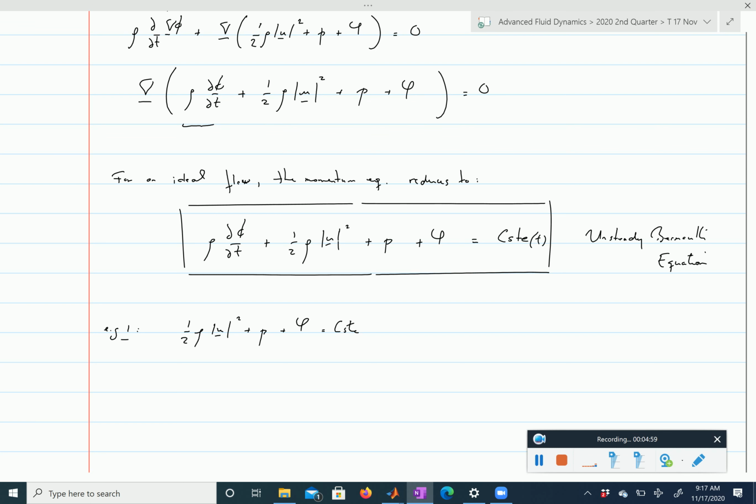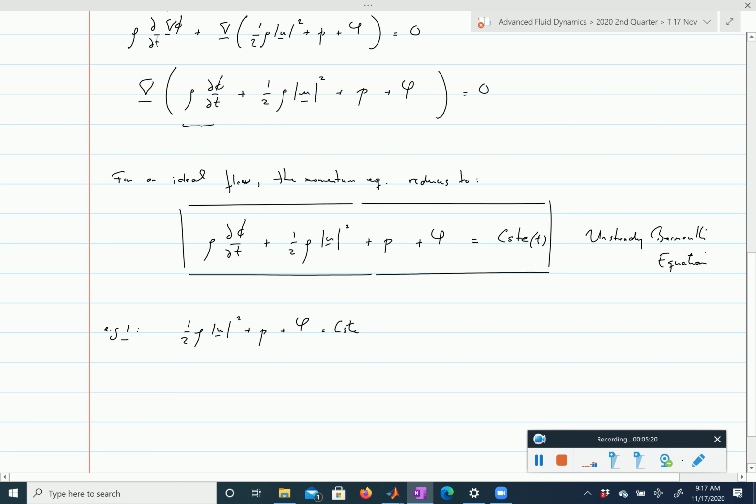If you do not assume the flow to be irrotational, then you have to apply Bernoulli along a streamline. Whereas here, you don't have to apply Bernoulli along a streamline. You impose the Bernoulli equation directly and everywhere.